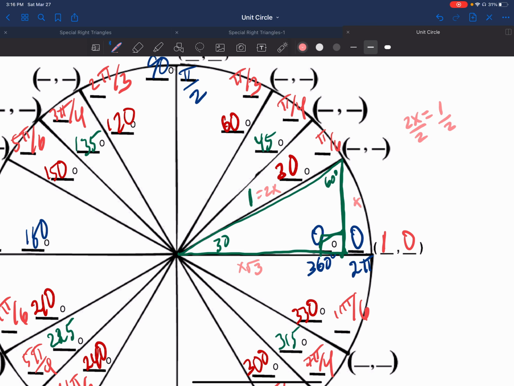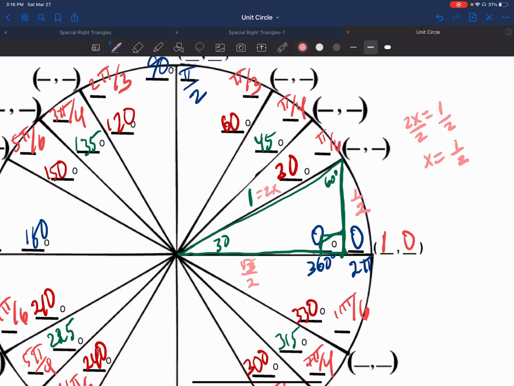I'm going to divide both sides by 2. I know x is equal to 1/2. So now I know that the opposite of the 30 degrees measures 1/2. And I know that the one on the bottom measures 1/2 times the square root of 3, which is square root of 3 over 2 once you multiply them out.